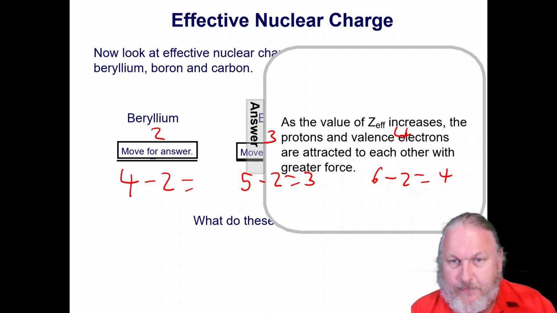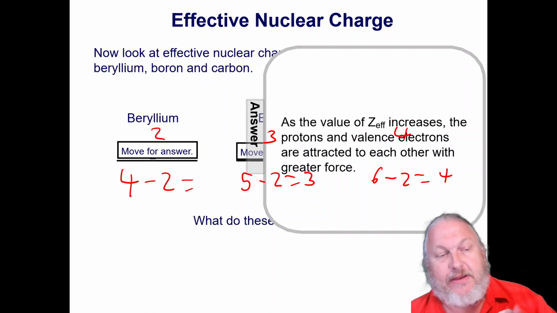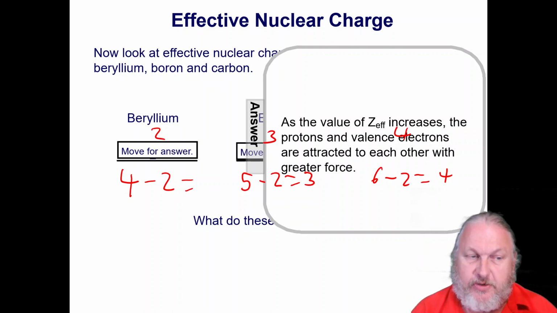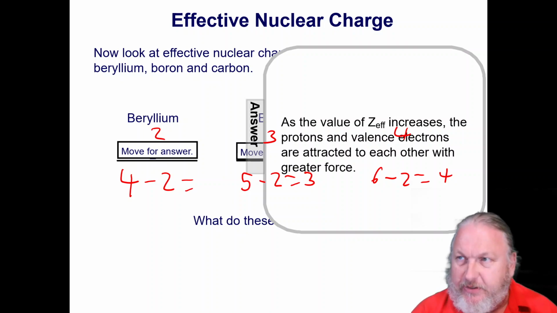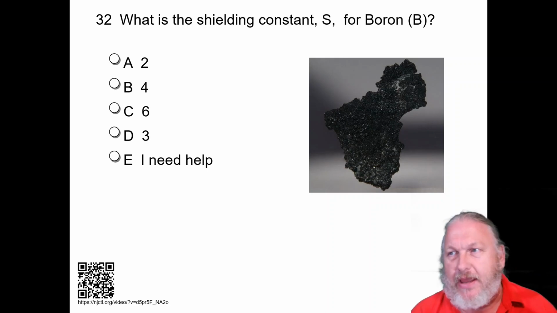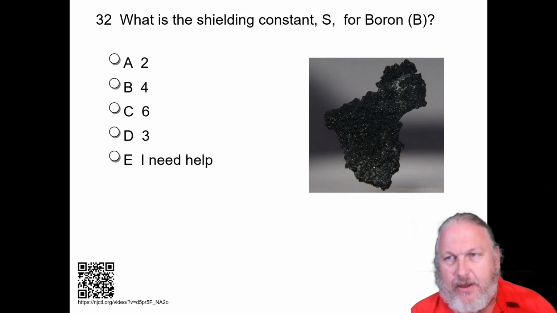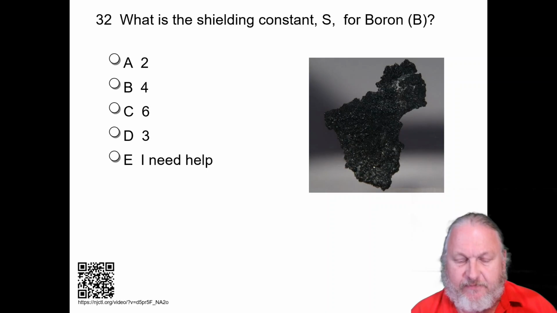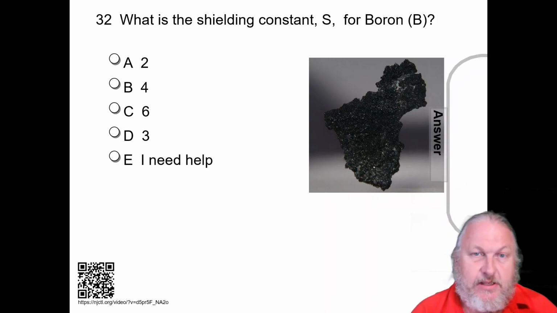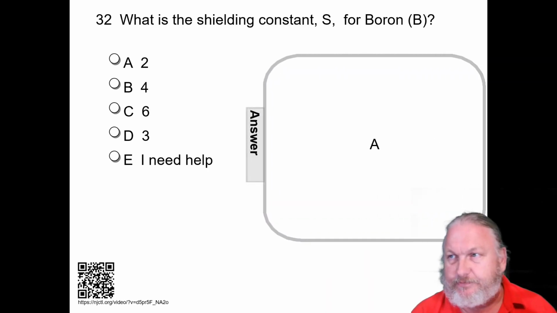So as you go left to right, there's more attraction for the electrons from the nucleus. There's less shielding effect. So what is the shielding constant for boron? We answered that earlier. It's on the second energy level. So just the s orbital, 1s, the first energy level, is filled with 2 electrons. So that's going to be 2.